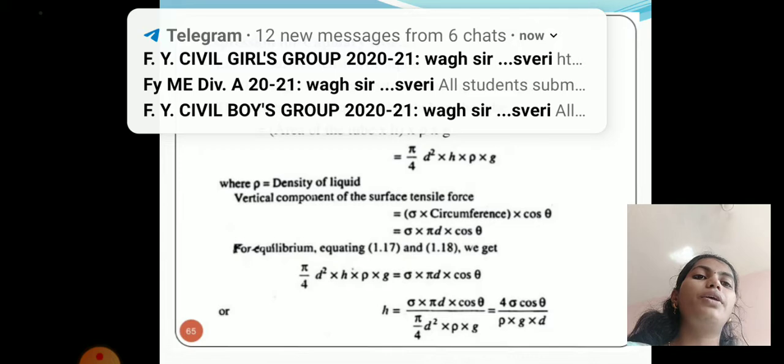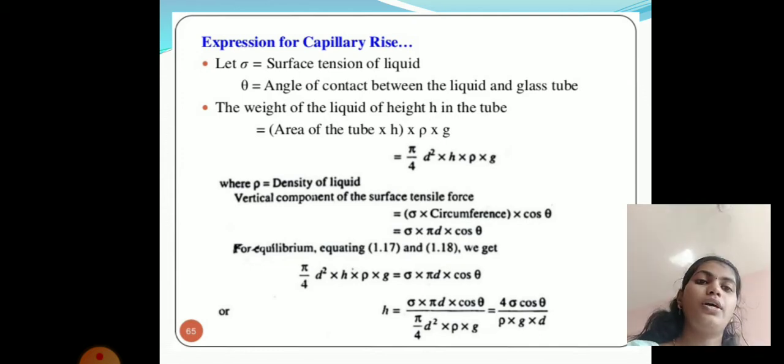For equilibrium, equating 1.17 and 1.18, we get this, which is one of the formulas giving the equilibrium condition. It means that there are three formulas: vertical component, weight, and equilibrium, and we use these three formulas when solving problems.